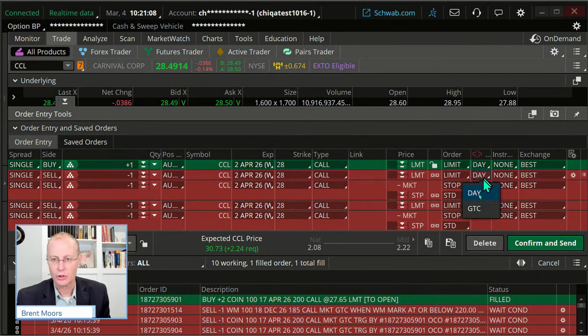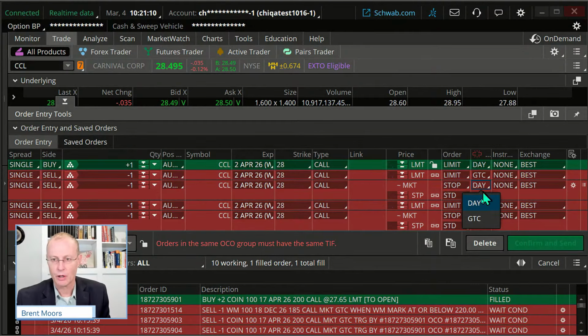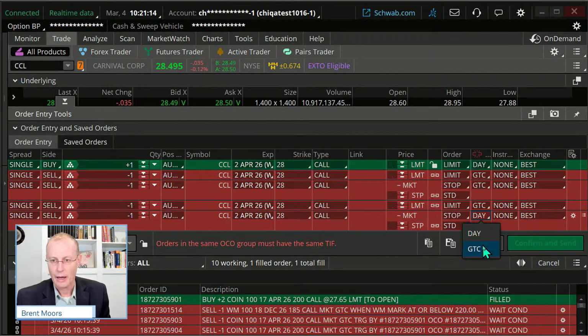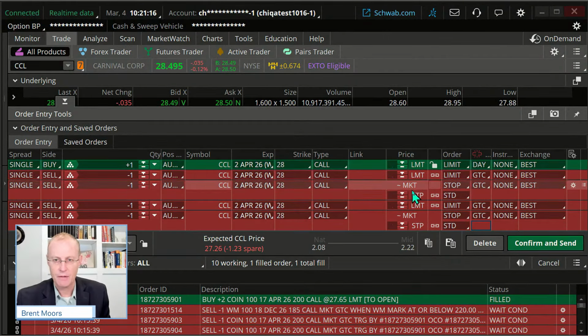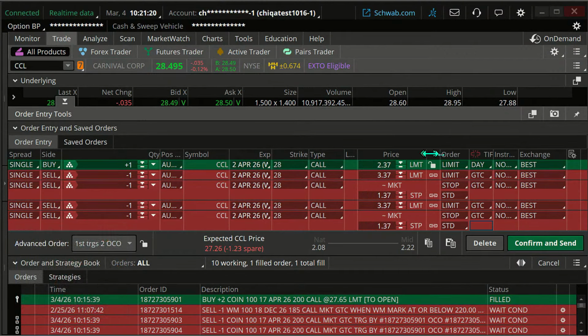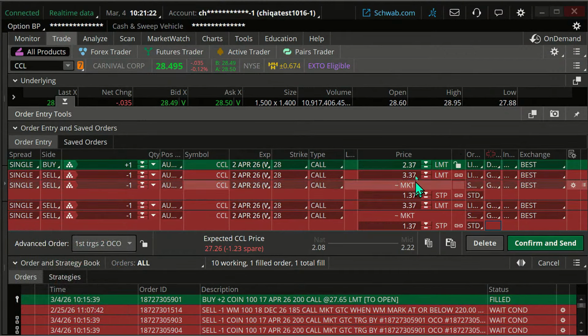I'm going to change my exit orders to good till canceled. And I want to put this in based on the stock price. Excuse me, based on the option price. Here's my entry. And I'm going to say, this is more of a spec. This is a lower priced options trade.